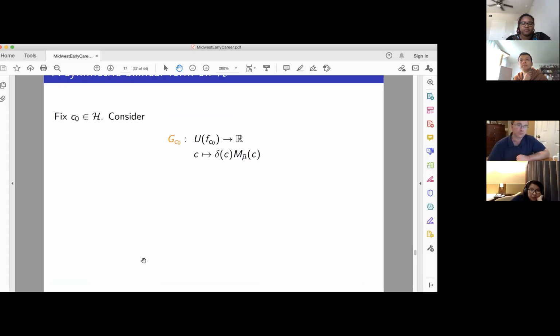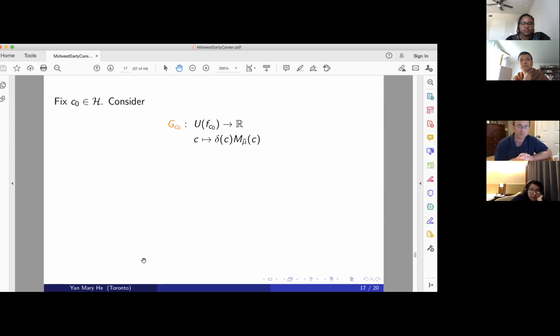So now we consider the function which I call g sub 0. This is a function from the neighborhood of C0 to the real numbers. For an input parameter c, this function gives delta of c times the value of the multiplier function at the point c.